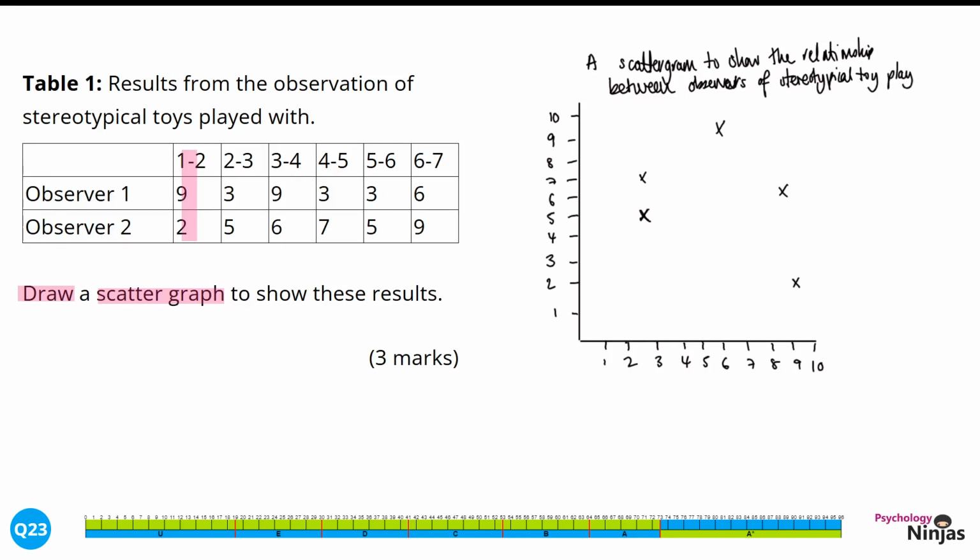Our final mark comes from giving both of our axes a title. Now we need to know what we're recording, so number of toys by observer 1 and number of toys by observer 2.